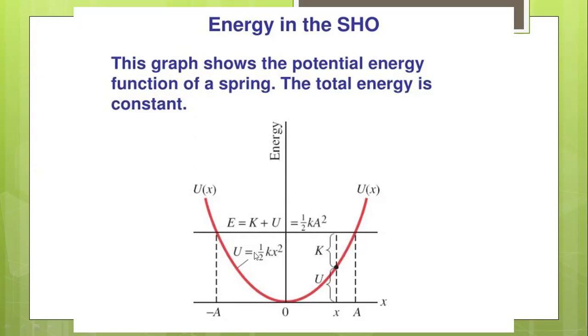According to this graph, at the extreme position potential energy is maximum and kinetic energy is minimum, and at the mean position kinetic energy is maximum and potential energy is minimum, but the total energy remains constant.